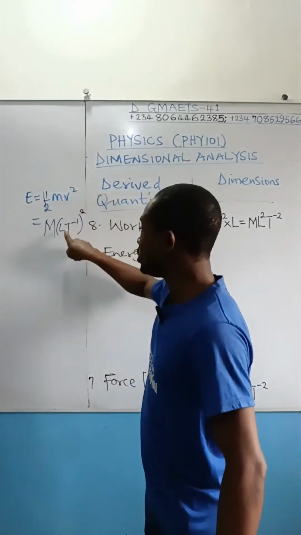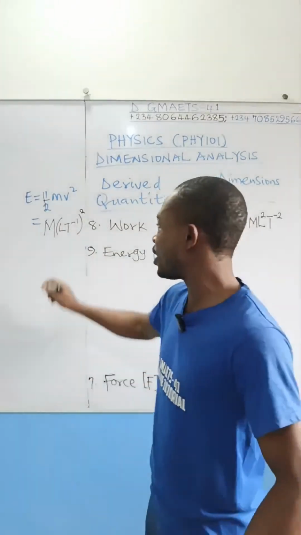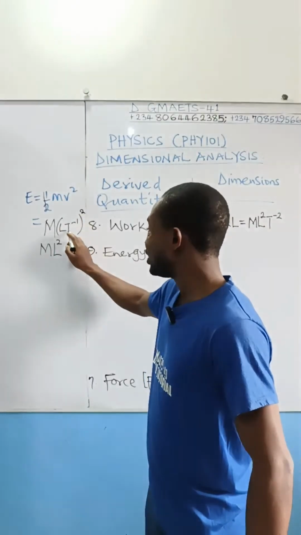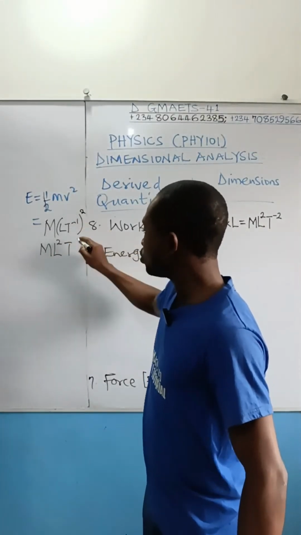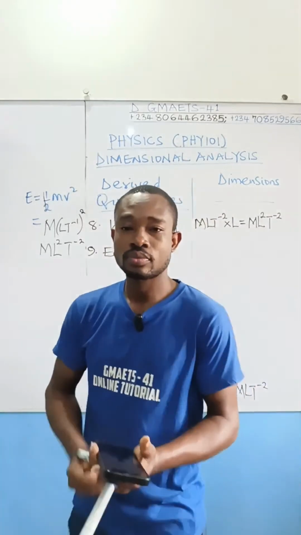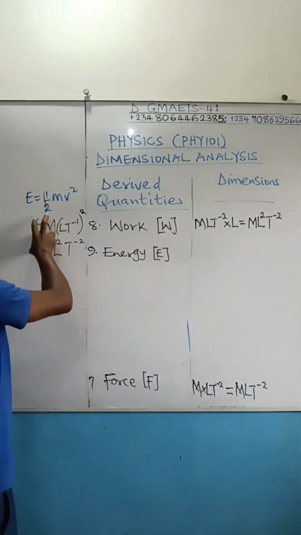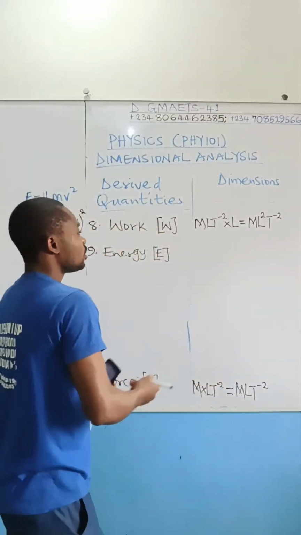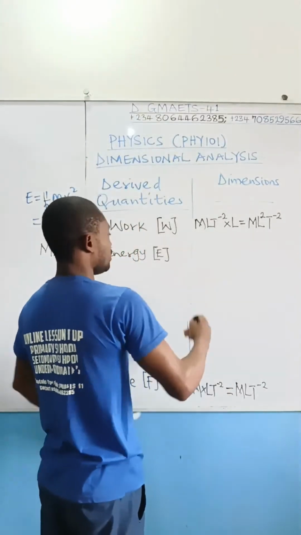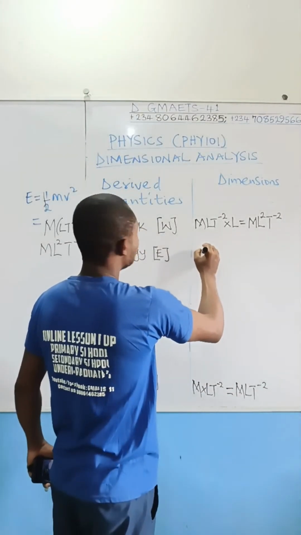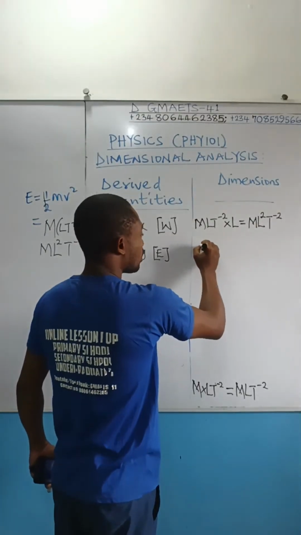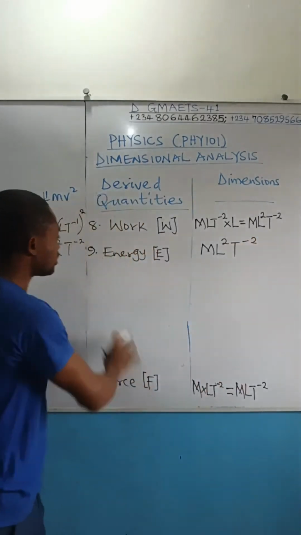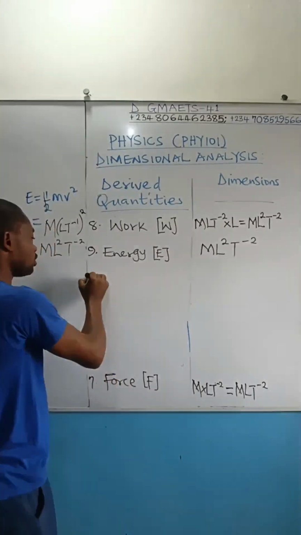So the 2 will be distributed to L and T raised to the power -1, giving us M, L to the power of 2, and then T, -1 times 2 gives you minus 2. So I have established the dimension of energy, proving that it is the same as the dimension of work: M L squared T raised to the power -2. No time to waste. I've shown the derivation here already.